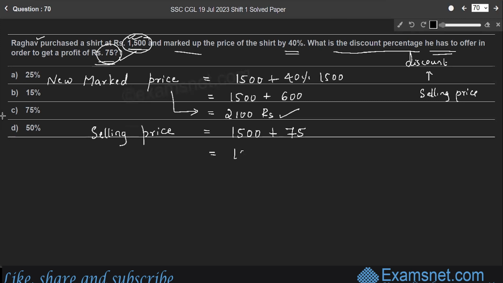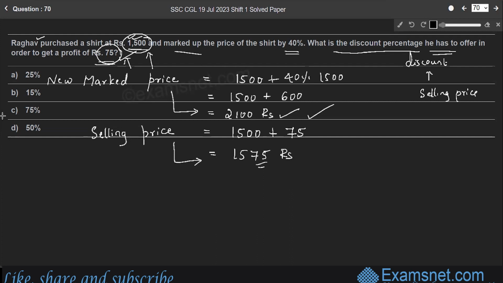Therefore, he is going to sell it for 1,575 rupees. Though he has marked the price as 2,100 rupees, he sells it for 1,575 rupees because he has purchased it for 1,500 rupees and his profit is only 75 rupees. Therefore, selling price becomes 1,575 rupees.